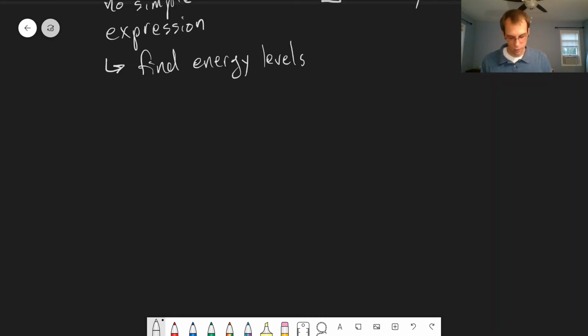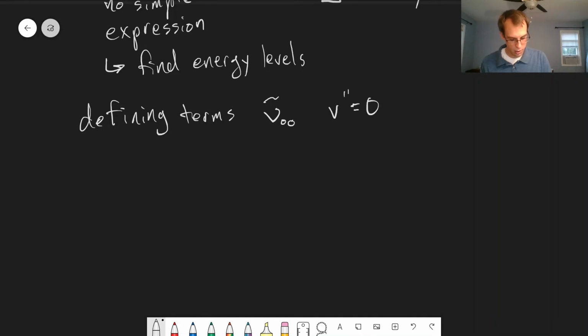Let's define some terms that are used when talking about electronic spectroscopy. We have nu tilde 0,0. This is the energy to go from the V equals 0 level of the lower state to the V equals 0 level of the upper state.